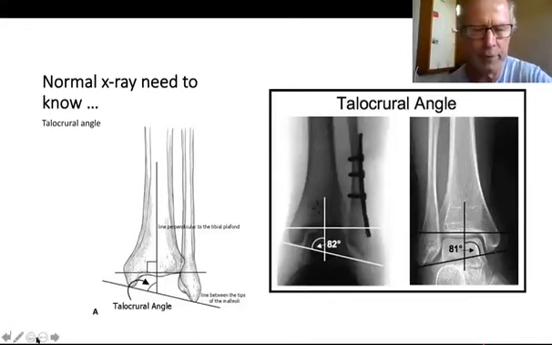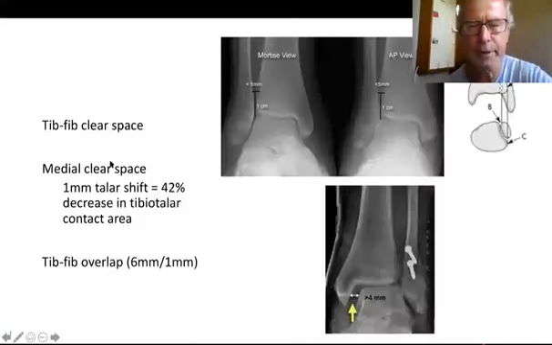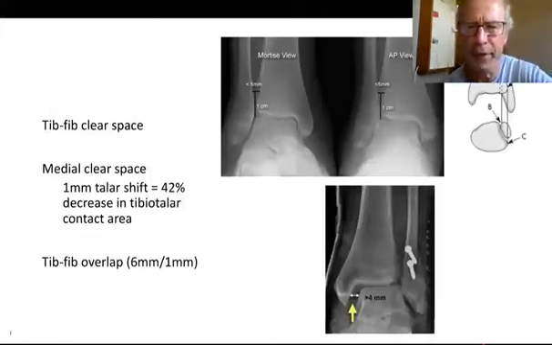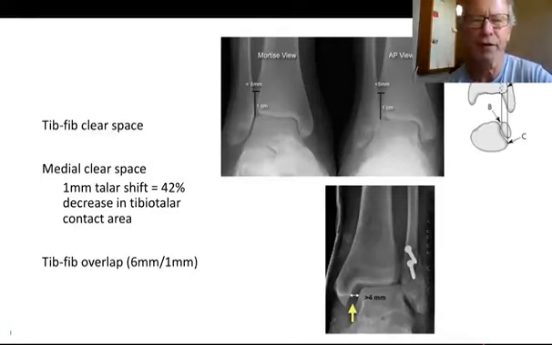Next picture. Then there's what we call the tibiofibular clear space, in the X-ray on the left at the top. If you measure a centimeter from the joint line and measure the distance between the tibia and the fibula, that should be less than 5 millimeters on both mortise and AP views.